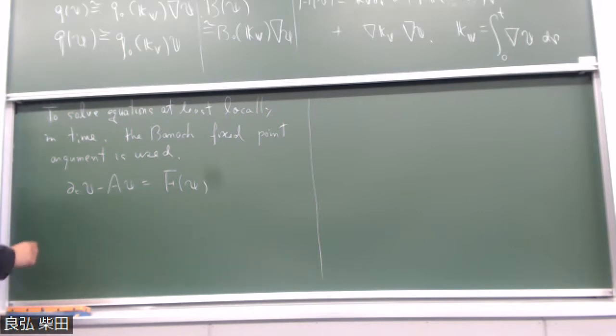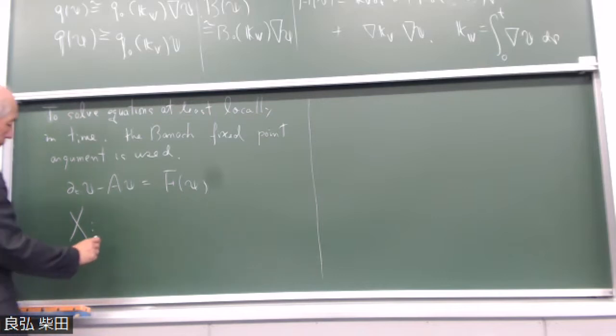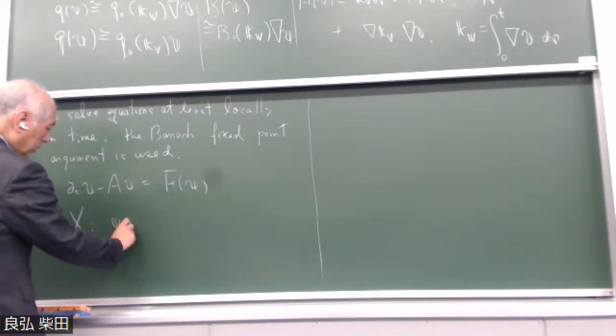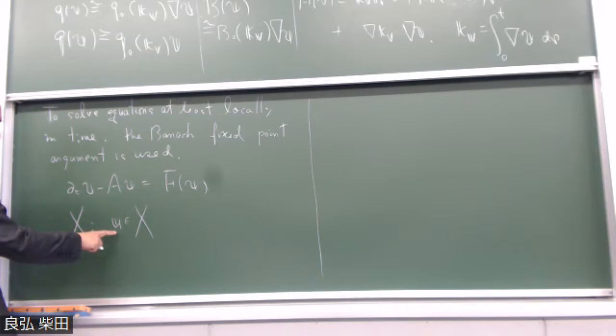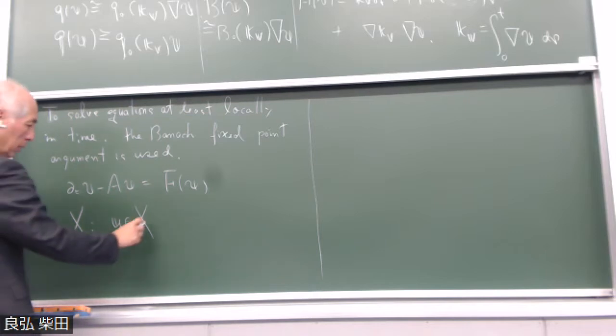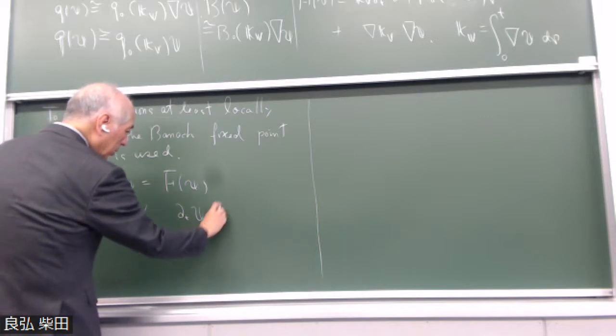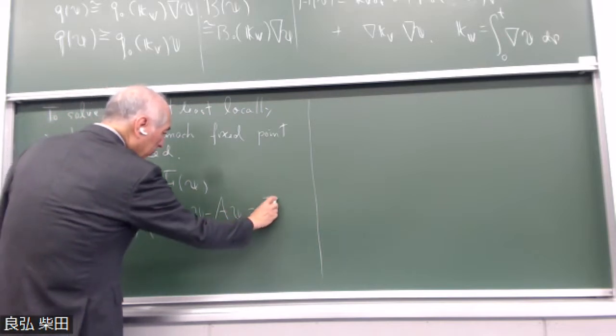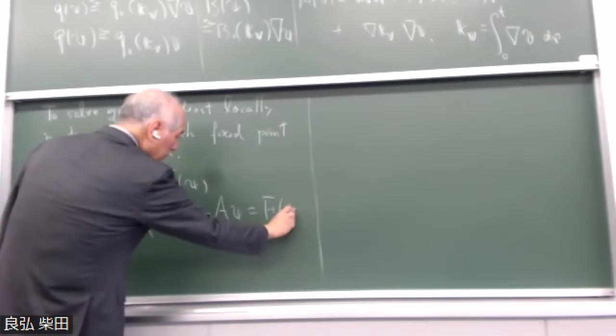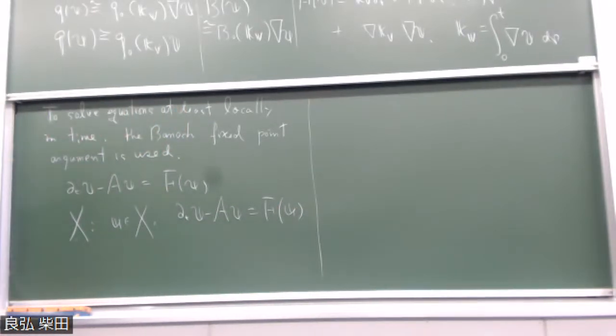Then, first of all, you have to define some underlying space X, and then for any u from X, you solve the linear equation with u.